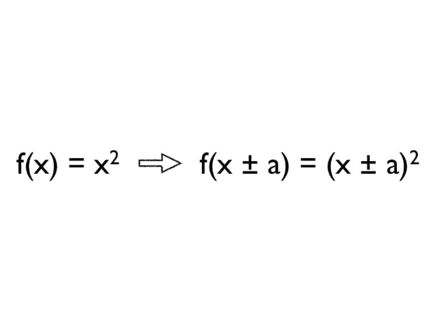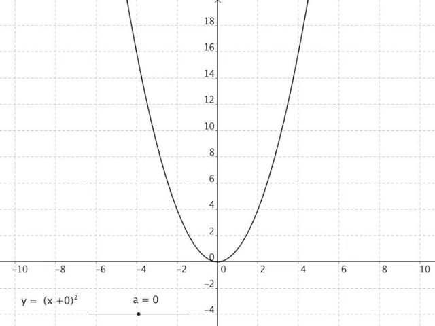So let's start off by looking at how this graph transformation affects our function x squared. You can see in the bottom left hand corner that I've got the equation of the graph, which is our familiar y equals x squared graph, or in this case y equals open bracket x plus 0 close bracket squared.